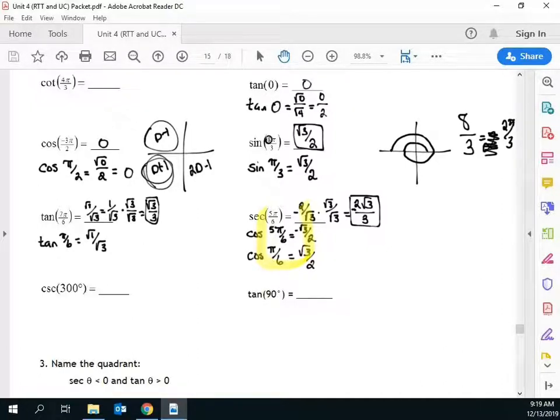All right. Inverse function for cosecant. What is the inverse of cosecant? What is the reference angle of 300? Not as easy when it's not in radians, unfortunately, but what is the reference angle of 300? 60. How many degrees does it take for me to get back to the x-axis? 360.